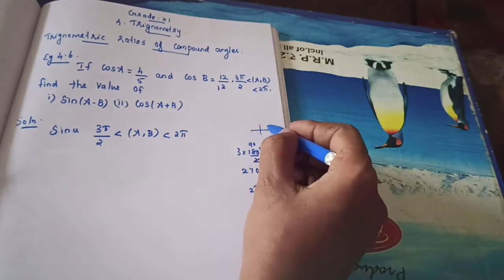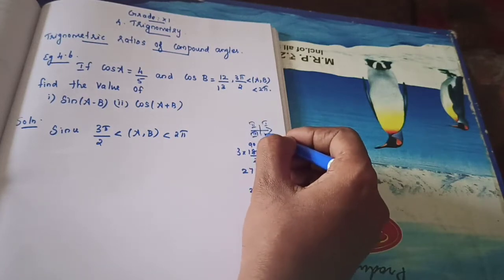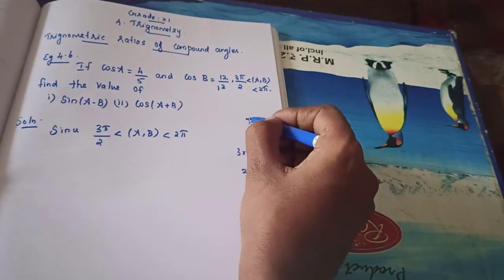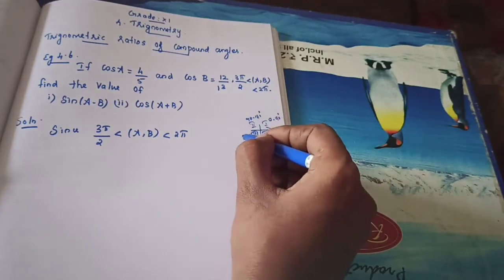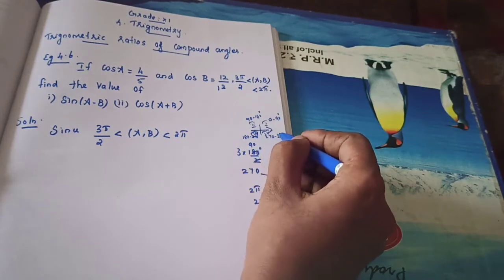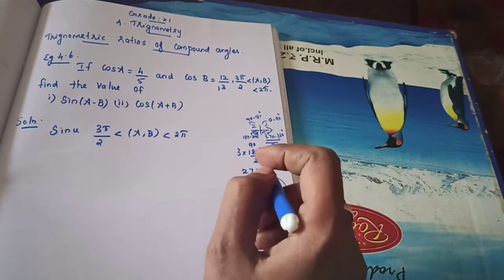You know that; I have taught all that in the first one. First quadrant, second quadrant, third quadrant, fourth quadrant. Here 0 to 90 degrees, here 90 to 180 degrees, here 180 to 270 degrees, here 270 to 360 degrees. So this lies in the fourth quadrant. Understand?